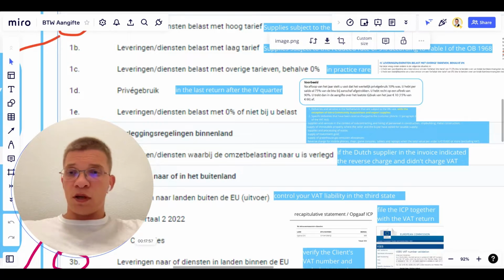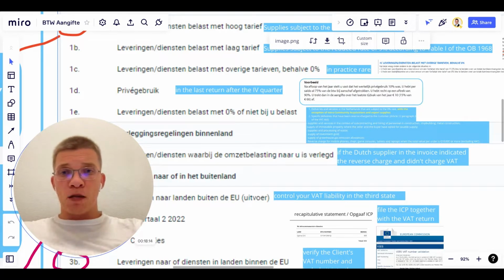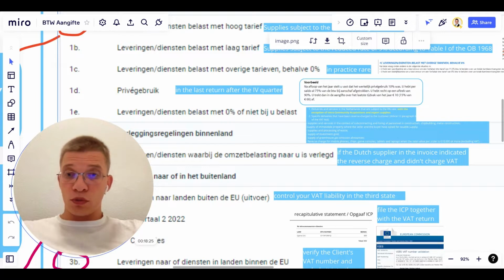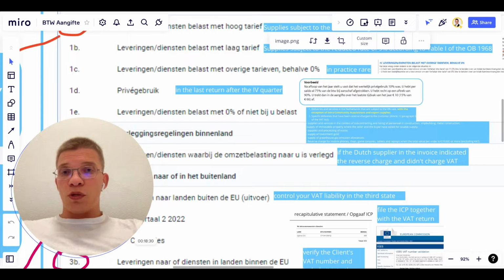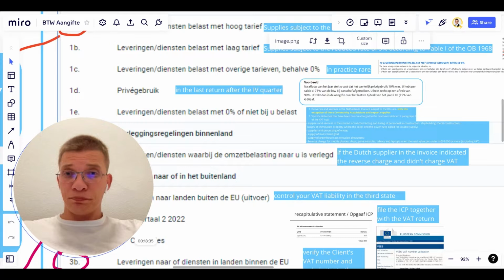First is at the time when you buy the good or service, you make a calculation just based on your expectations. What would be the percentage of private use, for example, 50-50. And then you apply only the 50% of the amount of VAT charged to you, and you include it into the declaration.